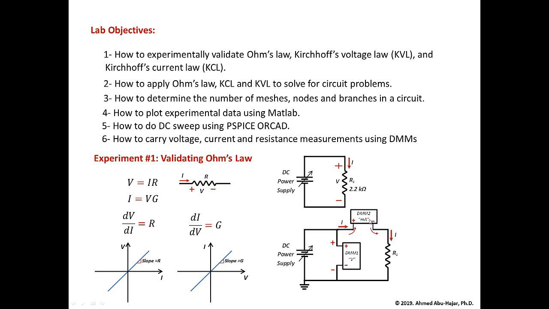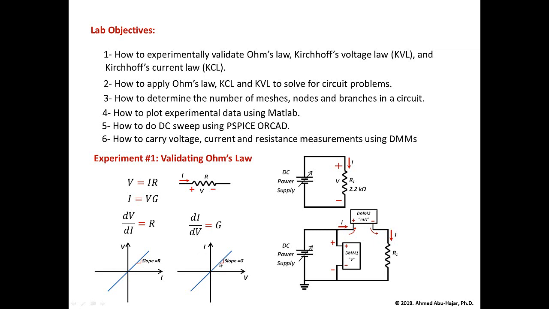So when you carry out this experiment, by varying the voltage from 0 to 10 and from 0 to -10, you will be able to have this over here. You want to plot I versus V, so the slope is going to be 1 over R. And you want to have this plot in MATLAB.